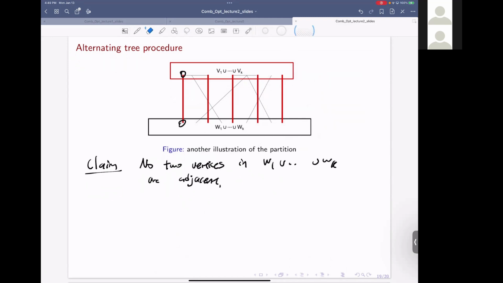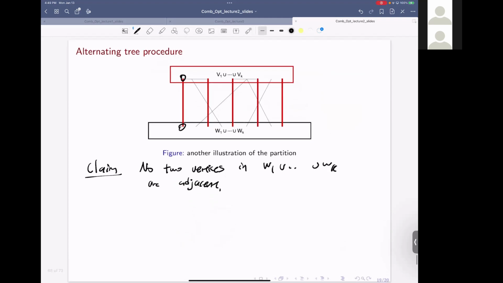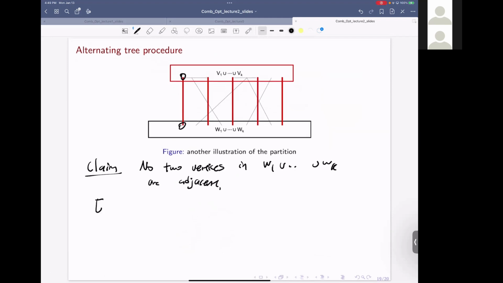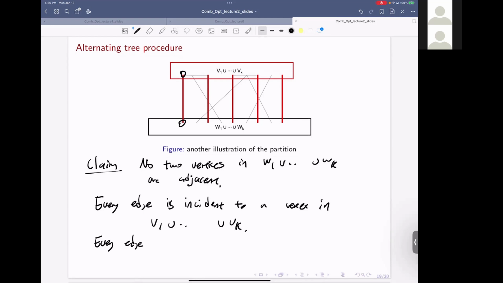Okay. This is it. So we are almost done. Let's say every edge is incident to a vertex in V1, V2, and Vk. And every edge can touch at most two vertices in V1 union Vk.